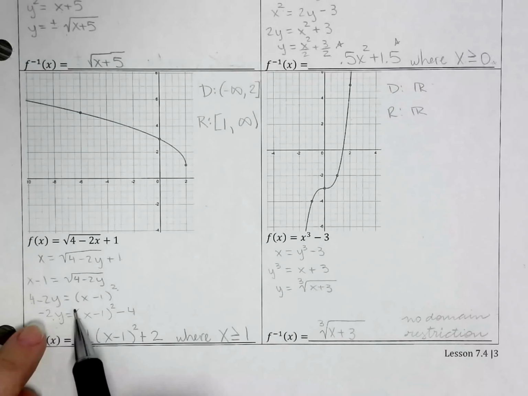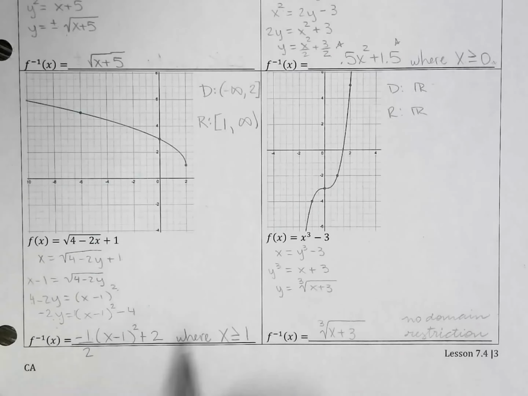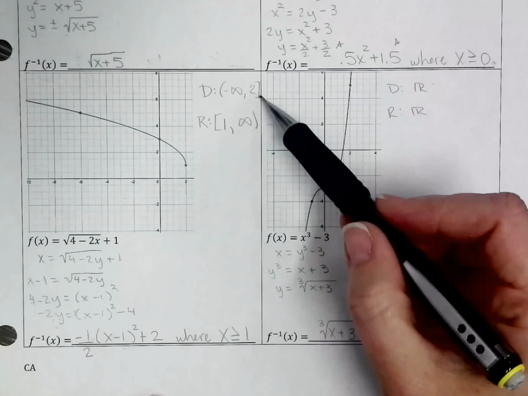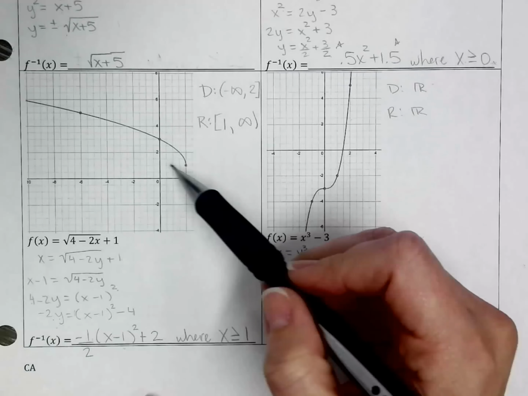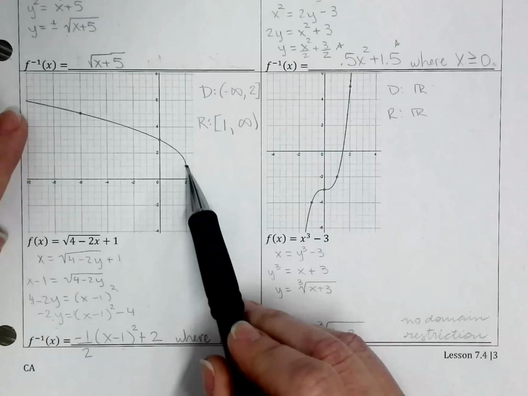So you have an invisible 1 here. Divide that by negative 1 by negative 2. You don't even have to expand this because that's just too much work. And it's easier to graph our inverse like this. And you don't even have to graph the inverse. It doesn't say that we have to. But just be careful because here we have the domain of the original function, which is from negative infinity up to 2.